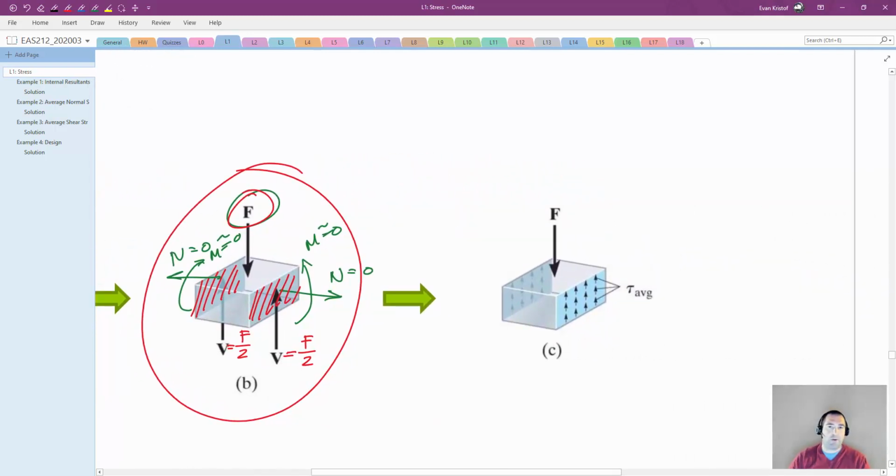And this is a good diagram showing our assumption that the shear stress is assumed to be uniform. Whether I'm at the top, the bottom, or the middle of this section cut, the intensity of the shear force is going to be the same. Now that's a pretty big assumption, and it's actually pretty incorrect.